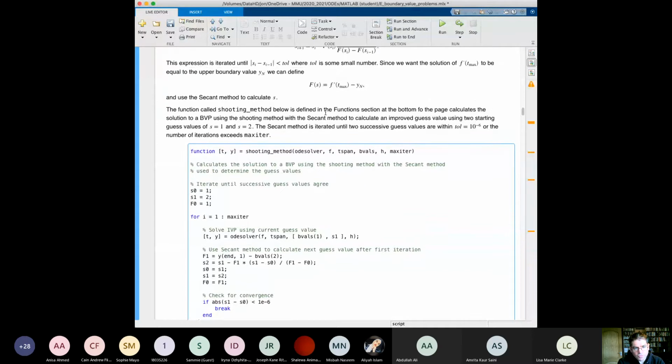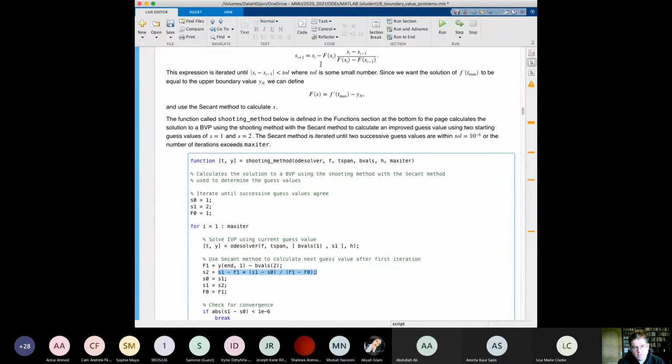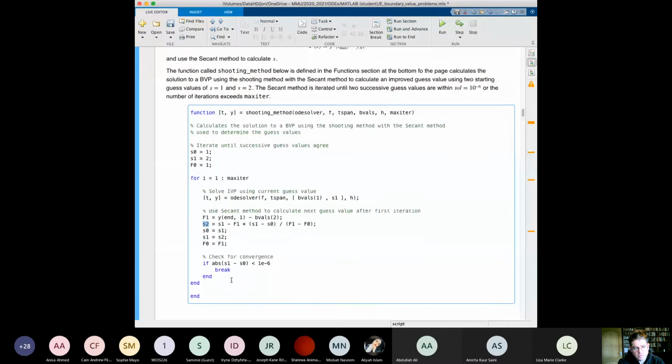Then we calculate our f, which is our calculated solution at the end of the array for y, minus our known solution at the upper boundary. This line here is our secant method to calculate our improved estimate, which is S2.